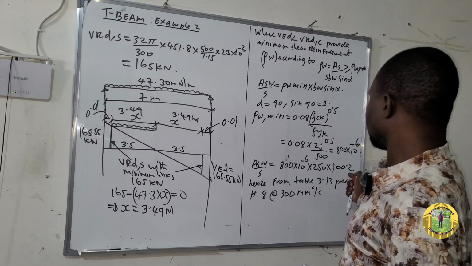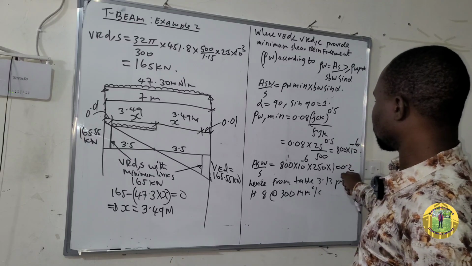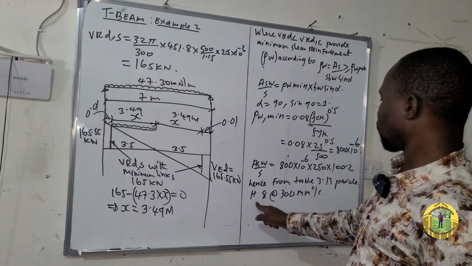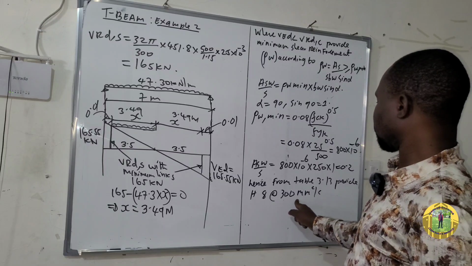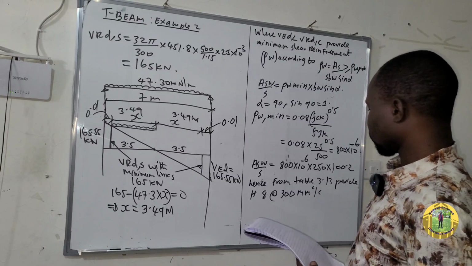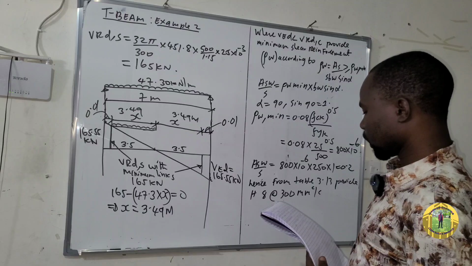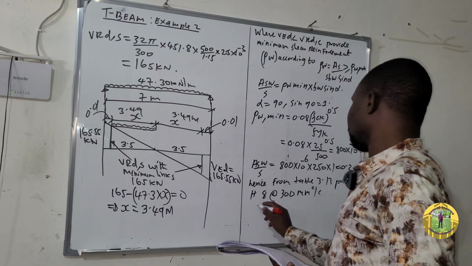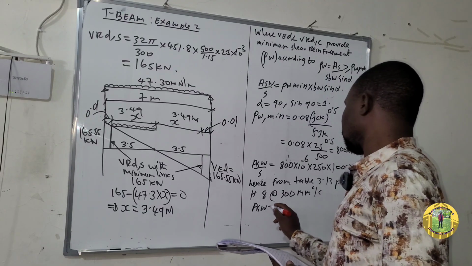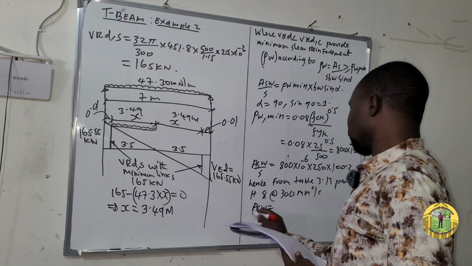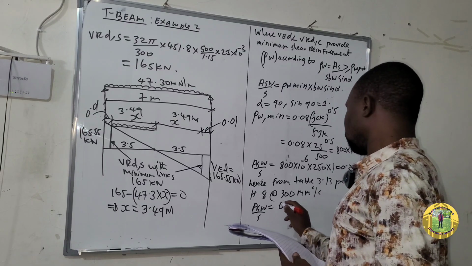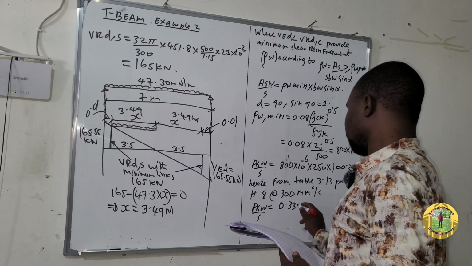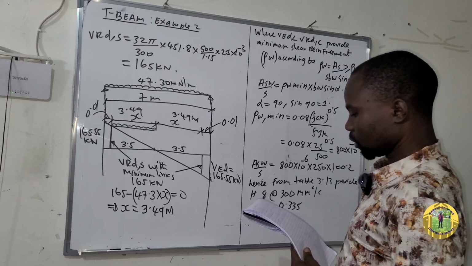I hope you know how to read this or to convert this to a bar and a spacing. 300 millimeter center to center. Then from the table, ASW over S is equal to 0.335.